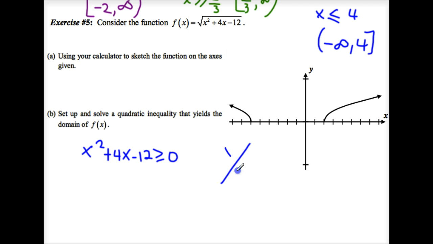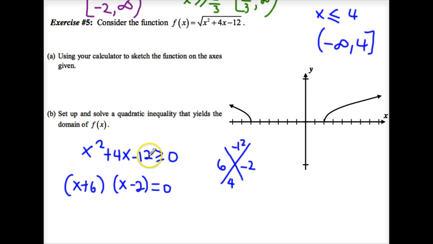Remember, this is my x squared where I have negative 12 on the top, 4 in the bottom. We know this will be a positive 6 and a negative 2. So this is actually x plus 6 and x minus 2 would have to be equal to 0 if I was to solve this quadratic. I know I have this sign here and I put an equal sign there. It's okay.